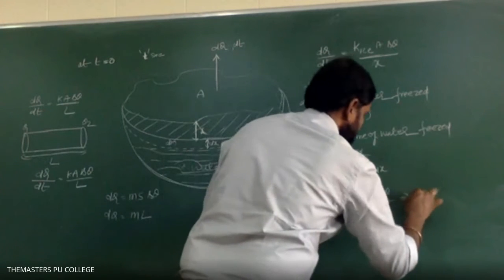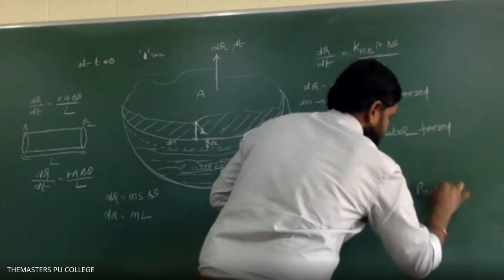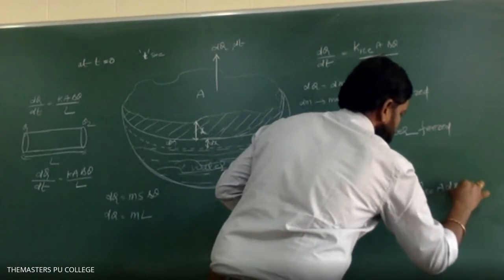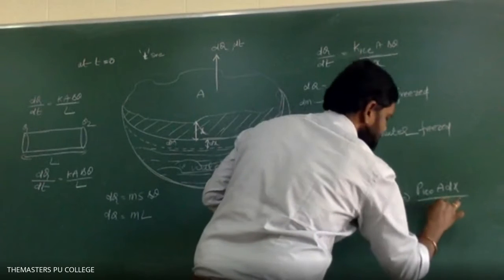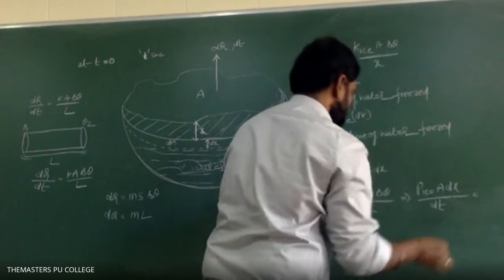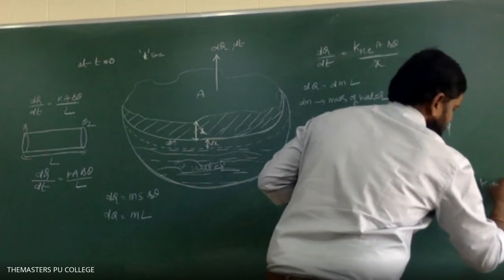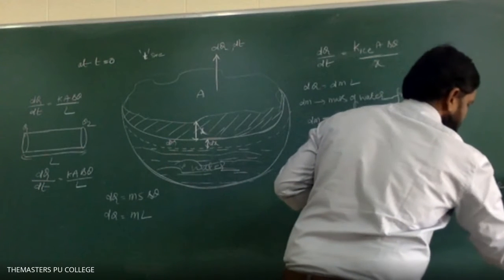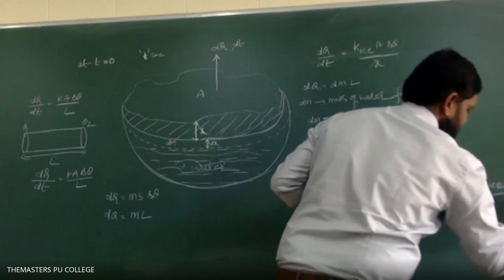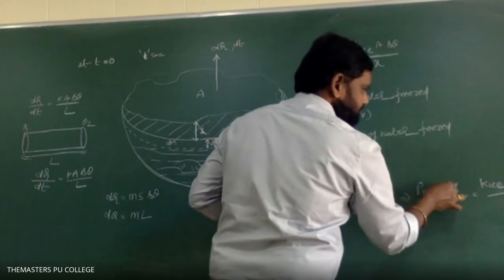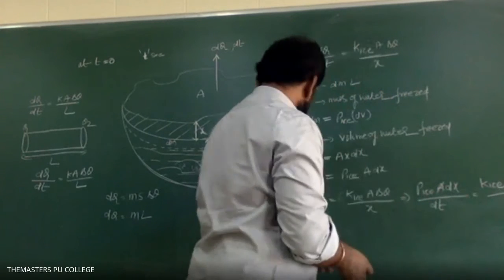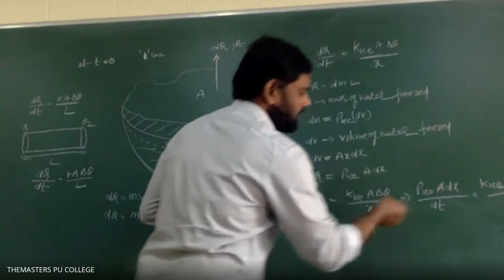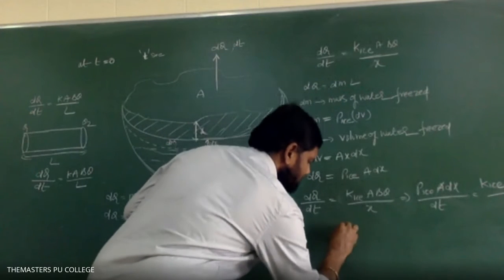So density of ice into area into dx divided by dt is equal to k of ice into A into delta theta divided by x. This A gets cancelled. If you rearrange the equation, what can I get?